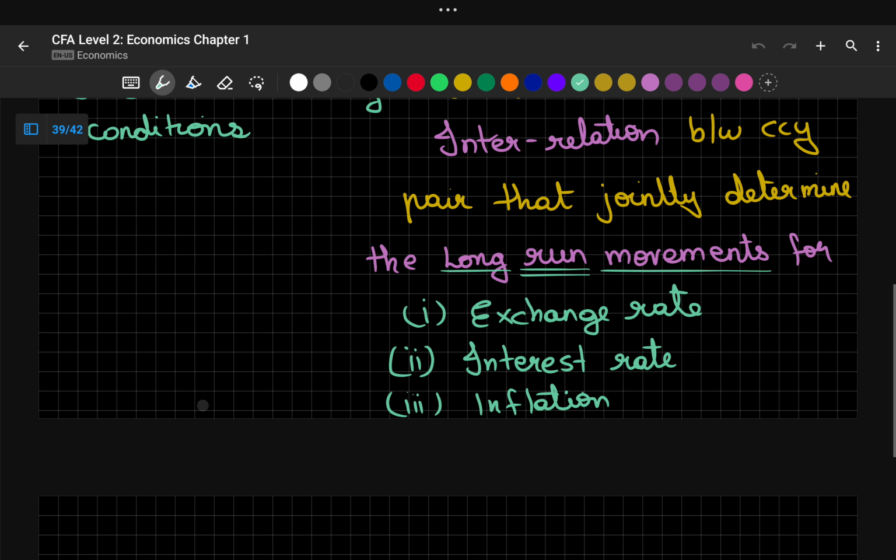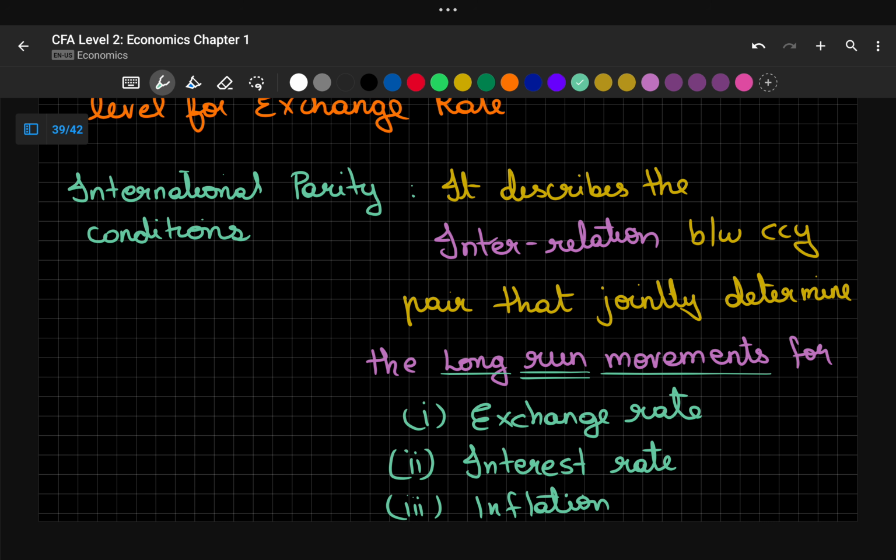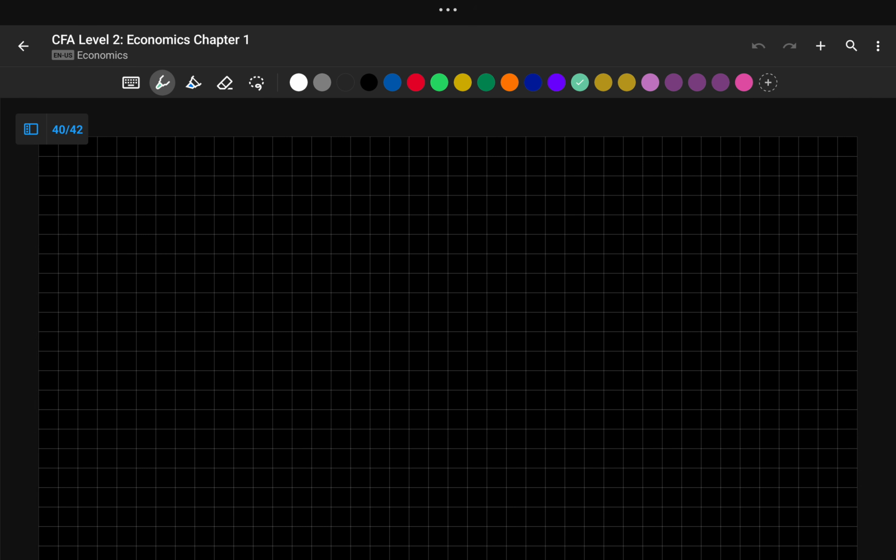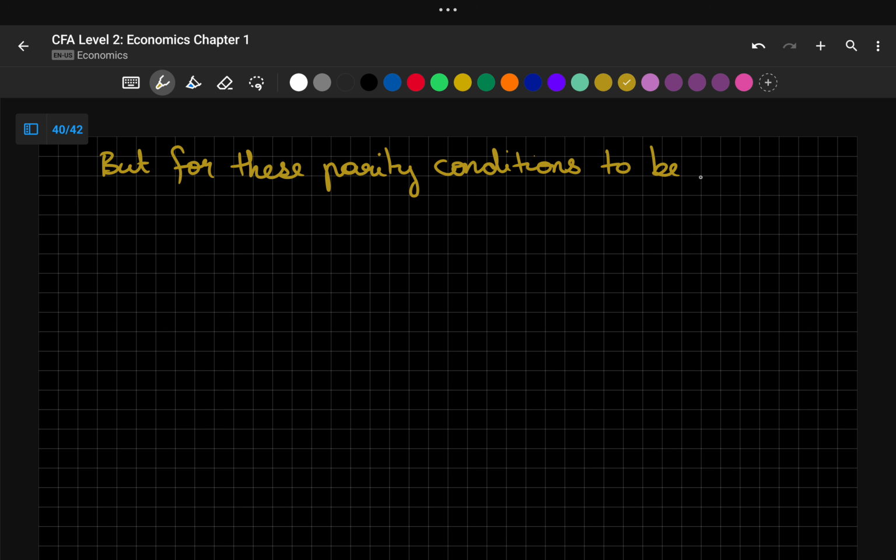Now, one thing we have to note is that for these parity conditions to hold or to be exactly correct, we are assuming an ideal world condition for the FX market.